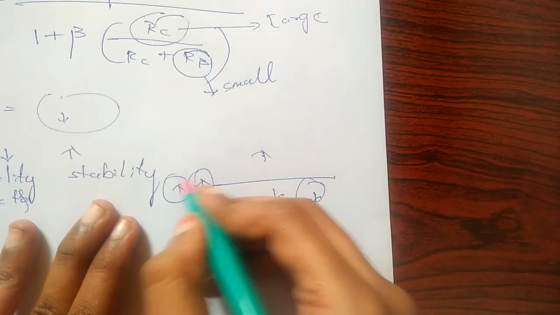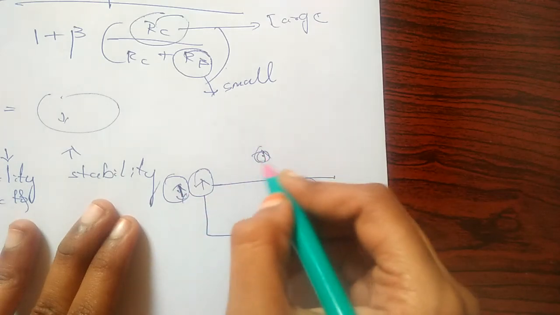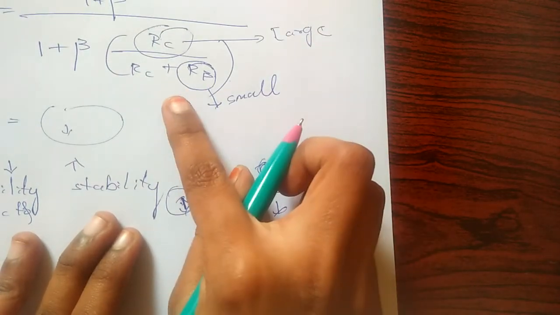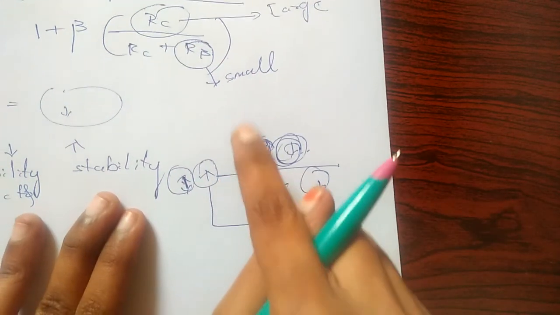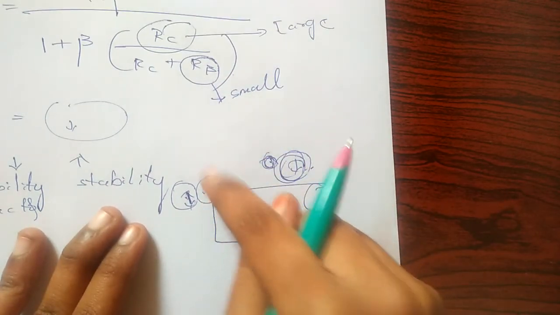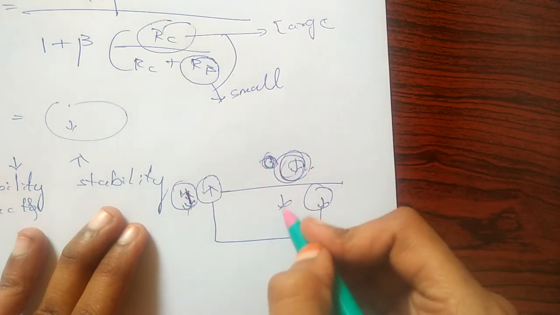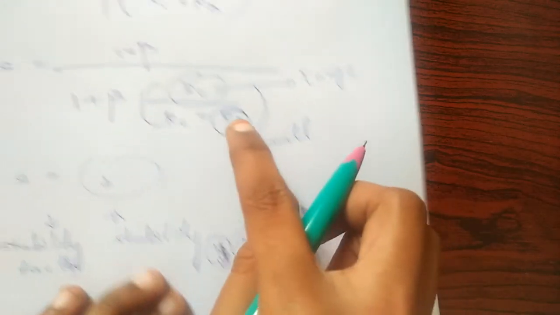So to make s low, we have to make this low. What is the factor that we have here? RB. That must be small. To maintain this low, we have to make the other term high. So what is the factor that is in the denominator?